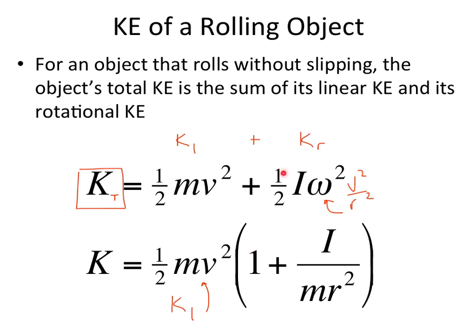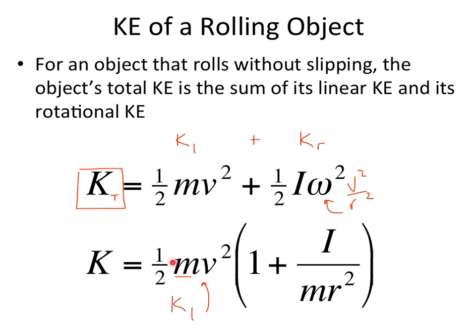If we pull out 1/2 mv squared here, the half goes away, and since we already wrote this as v squared over r squared, the v squared comes out, but the r squared stays in the denominator. The only thing that isn't 1/2 mv squared right here is the m. There's no m in here, so that means the m has to go into the denominator. So this is really just a restating of this as if we factored out 1/2 mv squared.